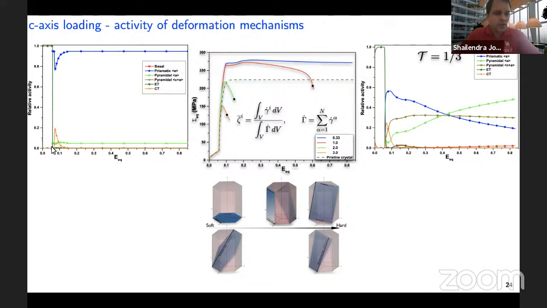And at about 6%, when twinning is complete, other modes start to activate because the crystal has reoriented into a new orientation. By the way, this new orientation is close to 90 degrees from its parent orientation. So it's a remarkable amount of reorientation of a crystal with respect to its parent region.